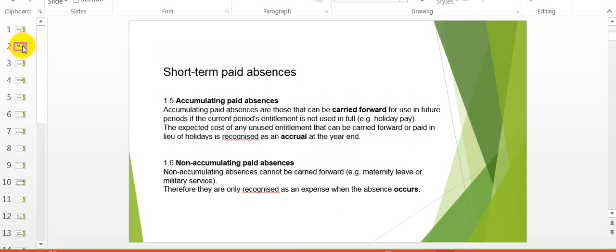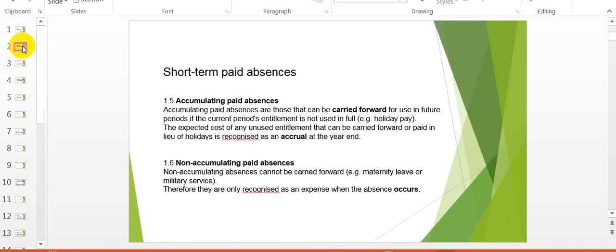Also included are short-term paid absences, which are divided into two. These are accumulating paid absences, which are carried forward to a later period if they've not been fully utilized by the employee. Examples include holiday pay for those companies whose employees are entitled to carry forward some leave days which have not been utilized in a particular year to the following year.